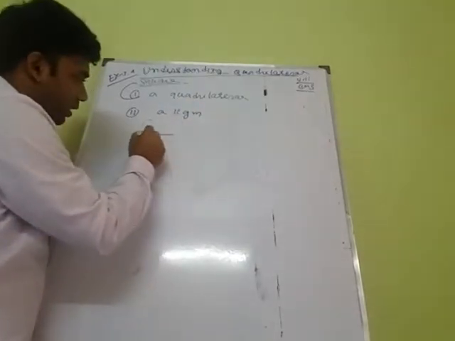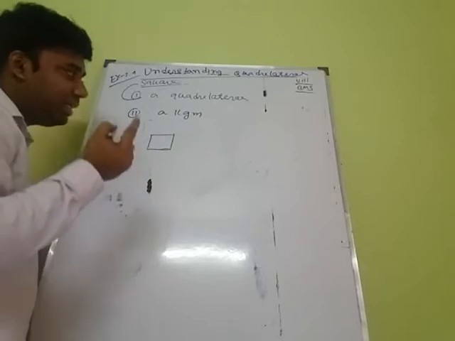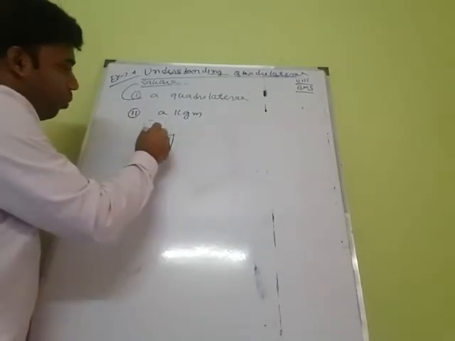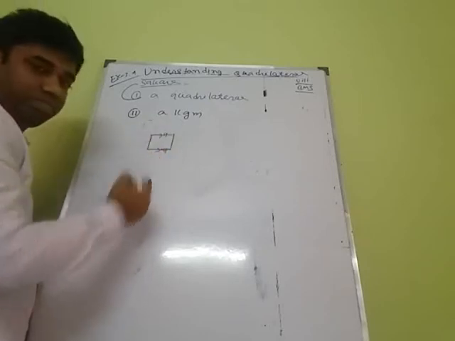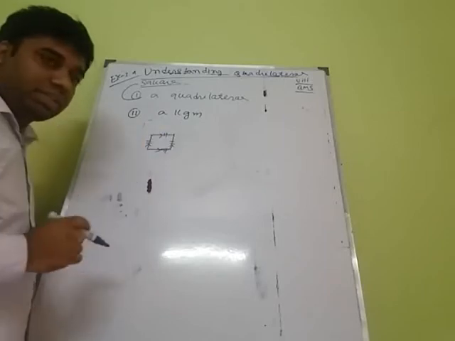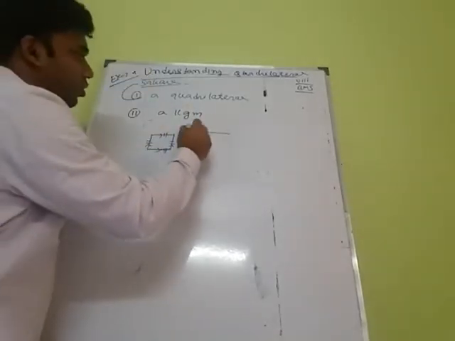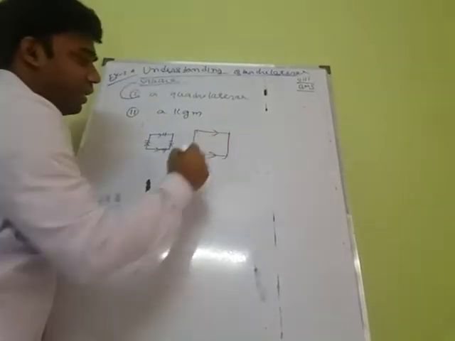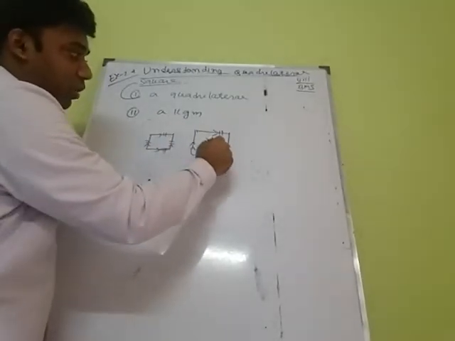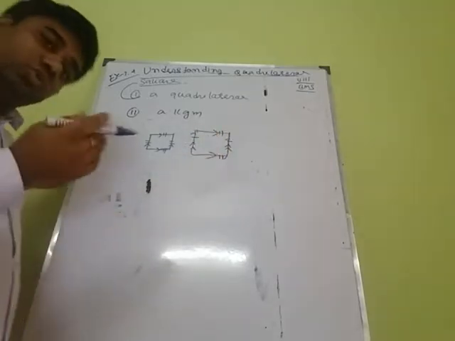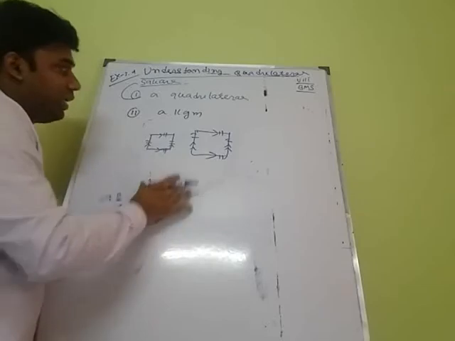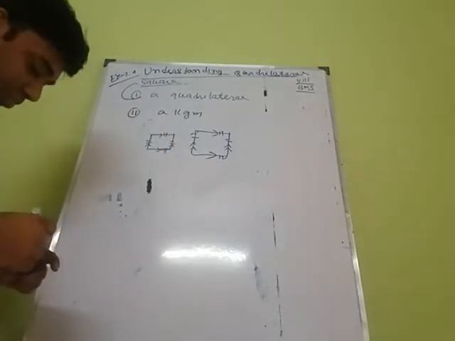A quadrilateral is a parallelogram if opposite sides are equal and parallel. That is the definition of a parallelogram. A square also has this property: these two are parallel, these two are parallel, and also equal. That's why it is a parallelogram.